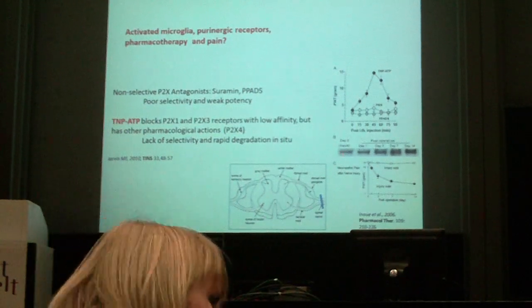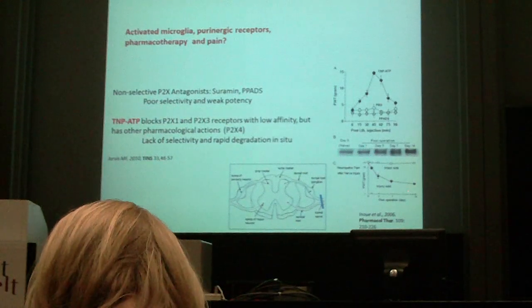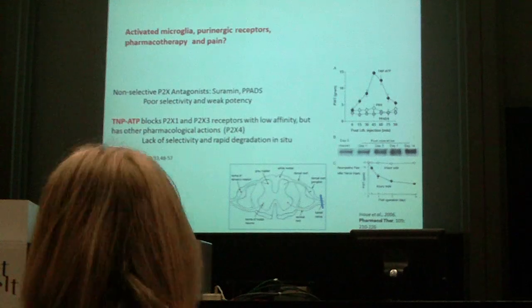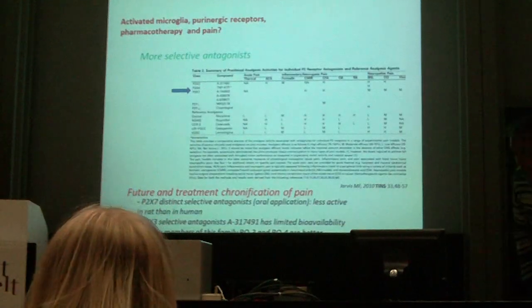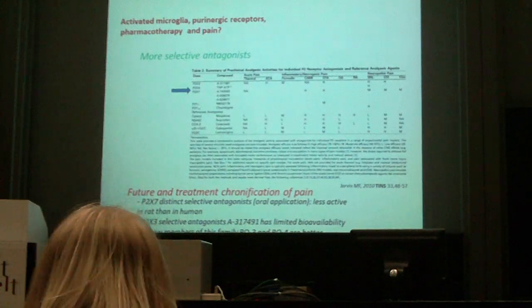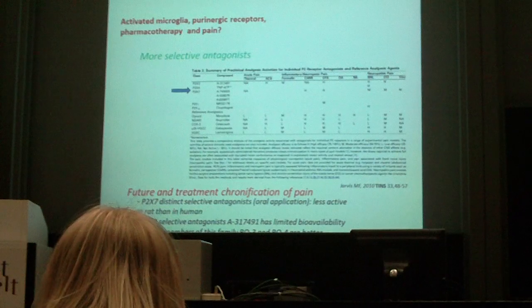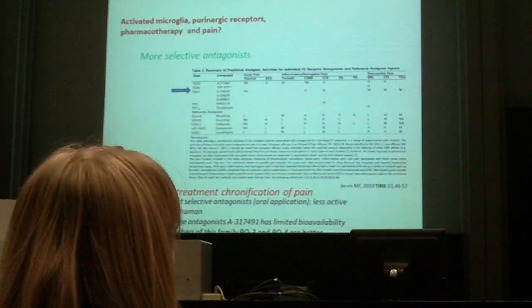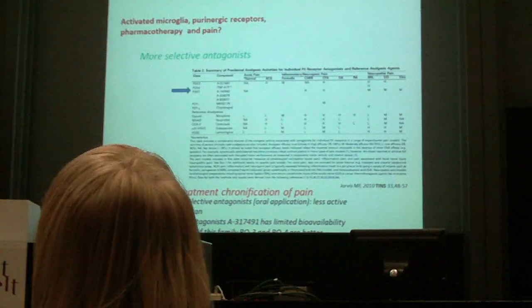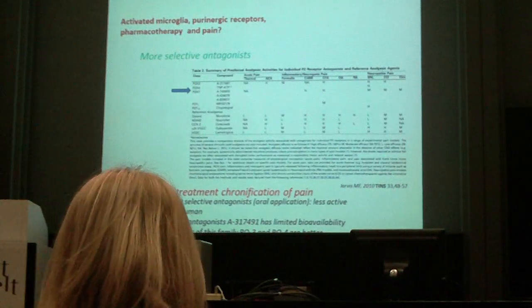This is the presence of P2X4 in the spinal cord, and this is the effect on pain itself. So there are, at the moment, blockers for these purinergic receptors to block the onset of pain, but they are not very selective.